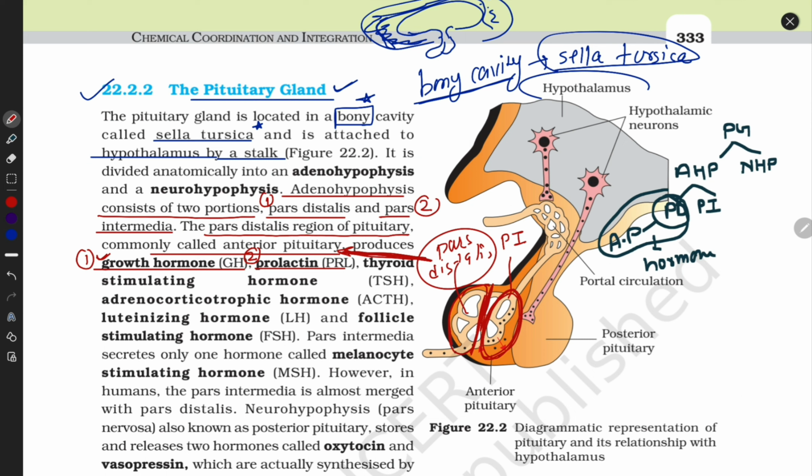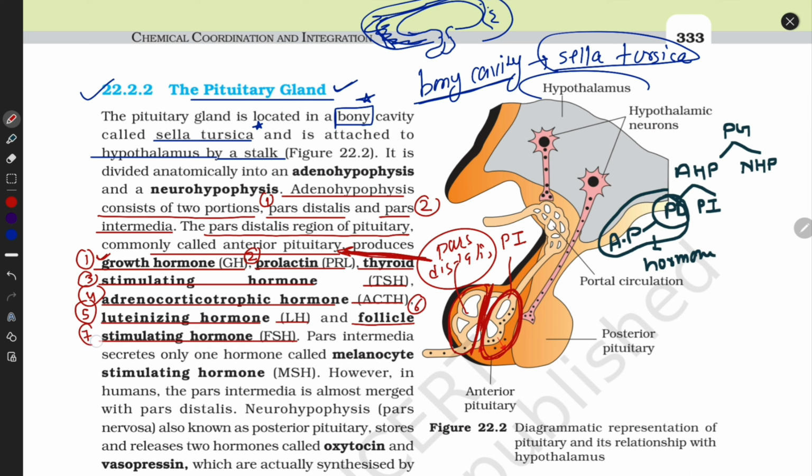Third is thyroid stimulating hormone, TSH. Fourth is adrenocorticotropic hormone, ACTH. Fifth, luteinizing hormone, LH. Sixth, follicle stimulating hormone, FSH.